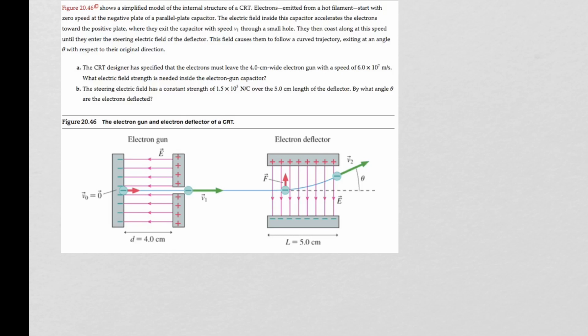I bring that up because the TVs were so gigantic because they had inside of them what was called a CRT, which stood for cathode ray tube. These cathode ray tubes were a plate of negative charge, like I'm drawing here, with a plate of positive charge, separated by a certain distance.